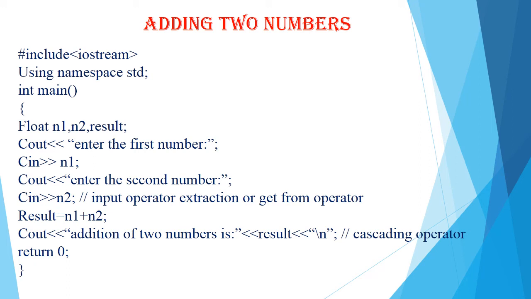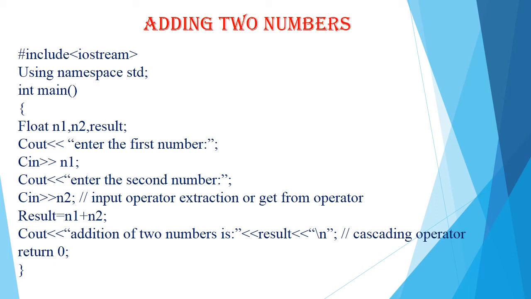Next, we are creating a main function with integer data type, and within the function we are declaring the variables n1 to get the first value, n2 to get the second value, and a result variable to store the result. Here the cout statement is used to ask for the first value and it is stored in n1, and the second cout to ask for the second value and it is stored in n2.